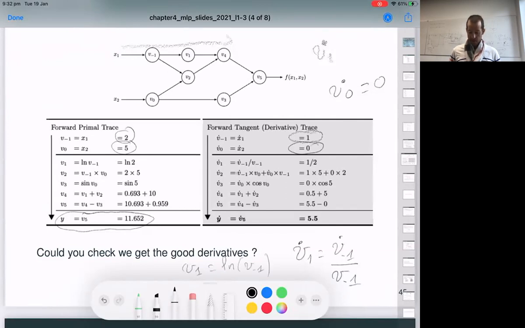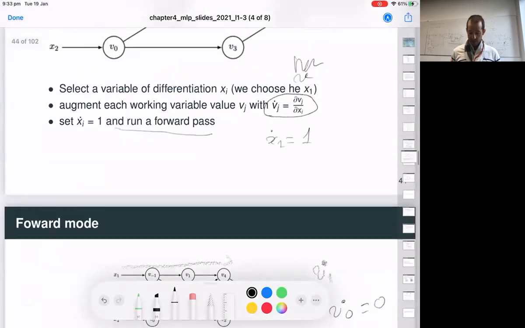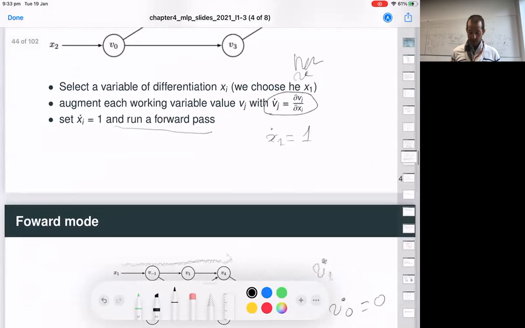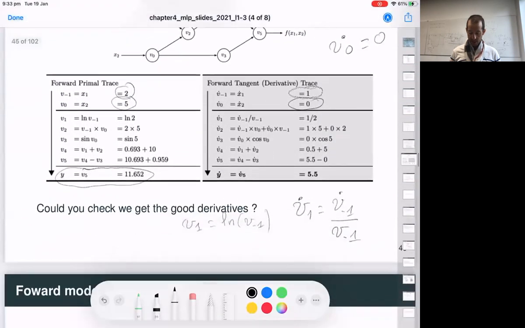So does the derivative make sense? The definition of v1 dot is the derivative of v1 with respect to x1.